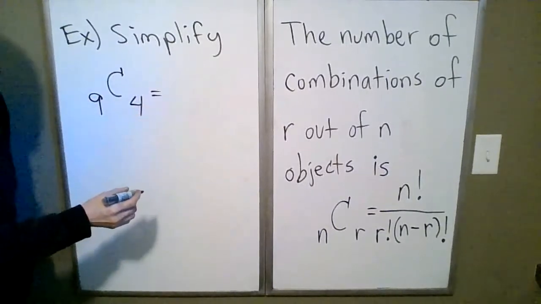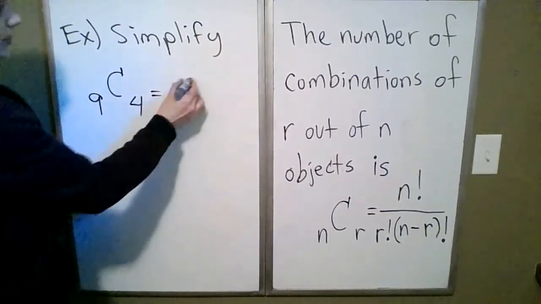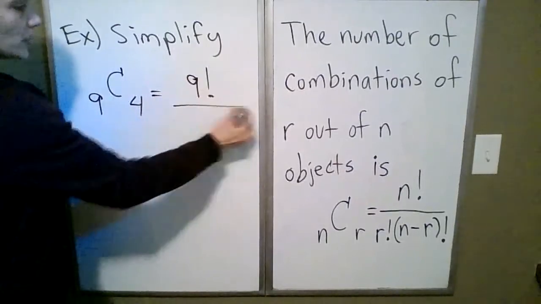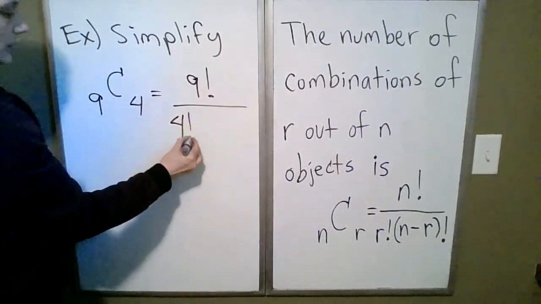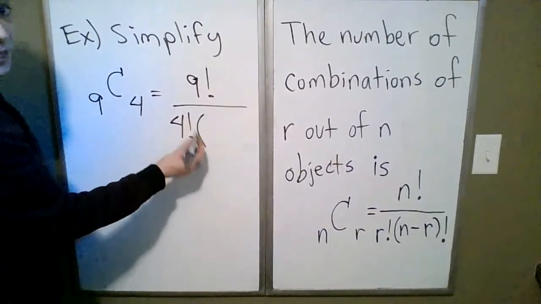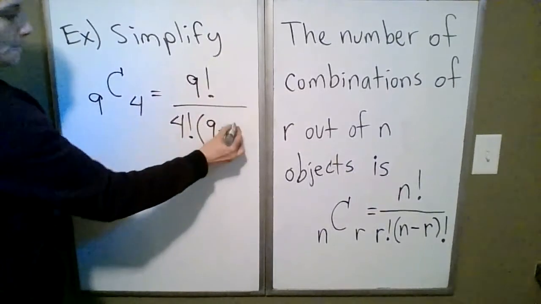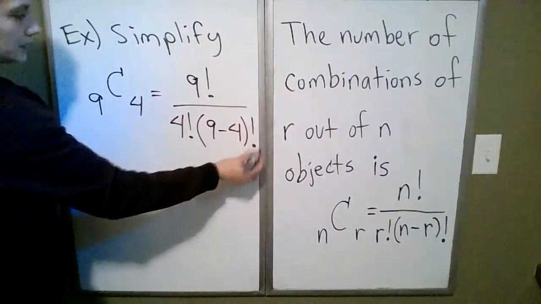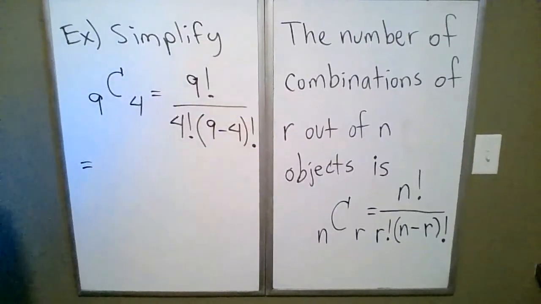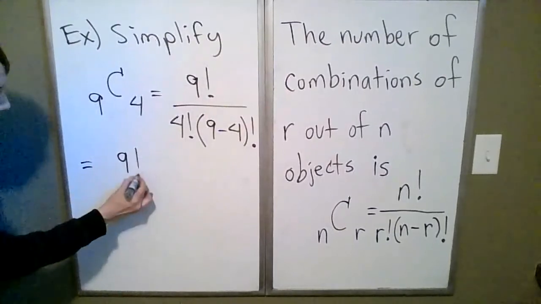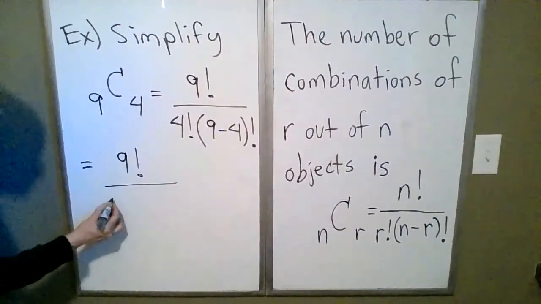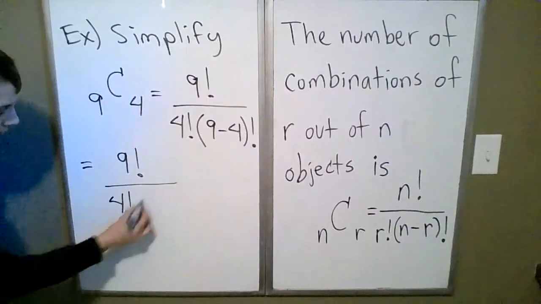The possibilities are going to be 9 factorial over 4 factorial, multiplied with 9 minus 4 factorial. So it's 9 factorial over 4 factorial times 5 factorial.